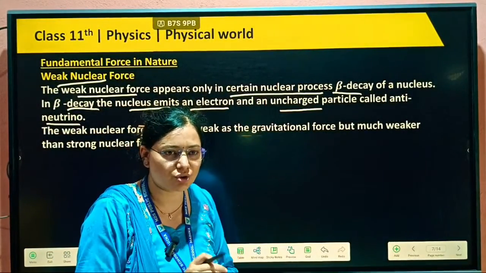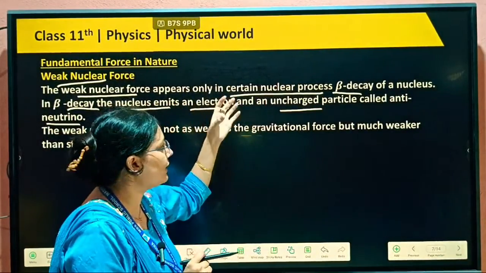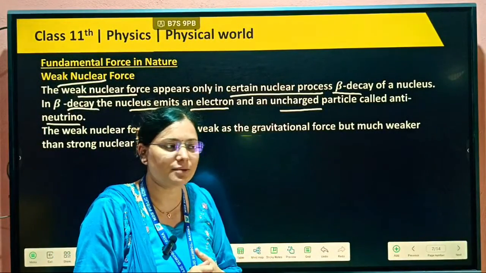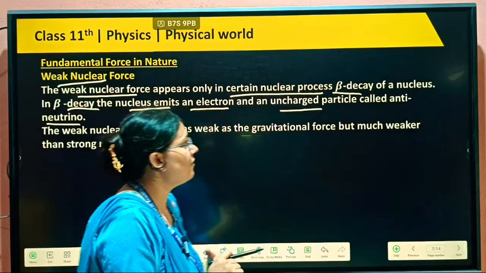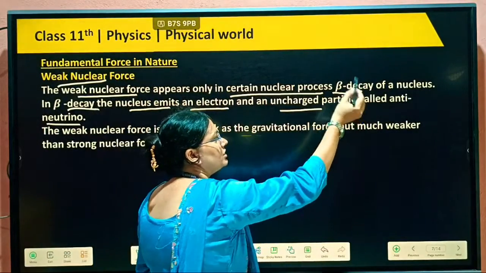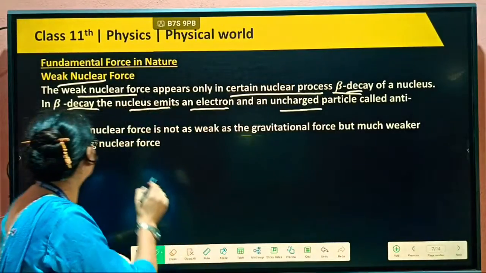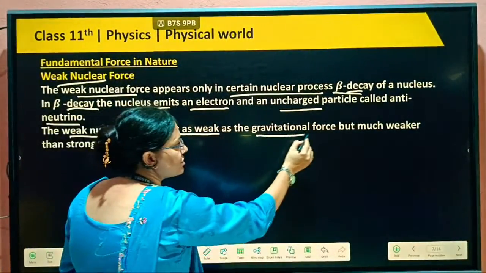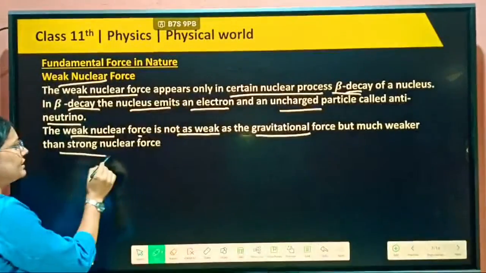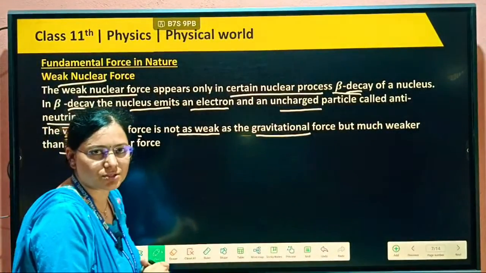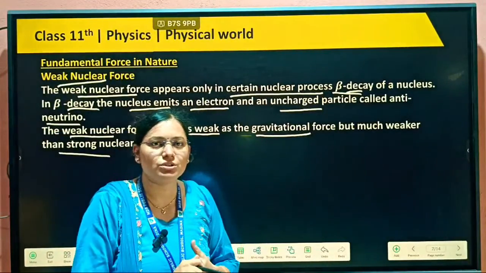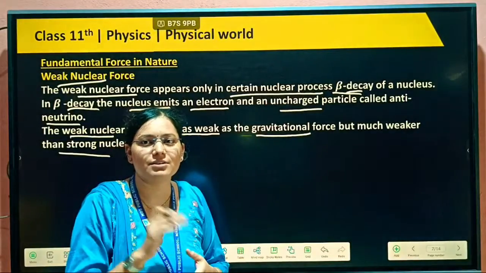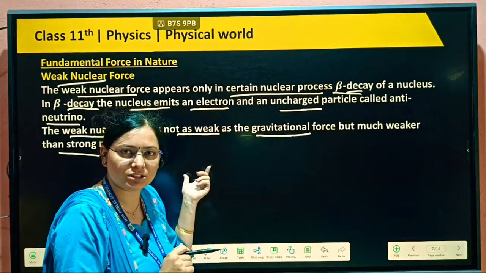Till now it is not in our syllabus, so you can learn only this: the weak force is a force acting between particles when beta decay happens. The weak force is not as weak as the gravitational force, but it is much weaker than the strong nuclear force. As compared to the gravitational force it is not so much, but as compared to electromagnetic and strong force, it is very weak.